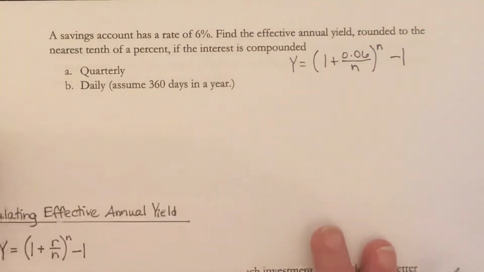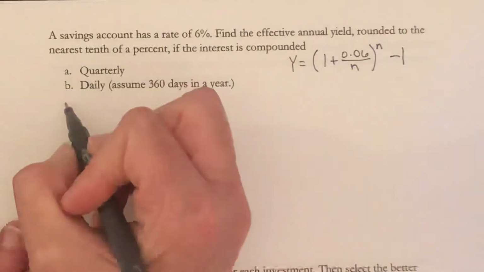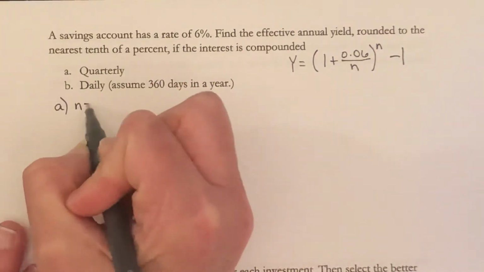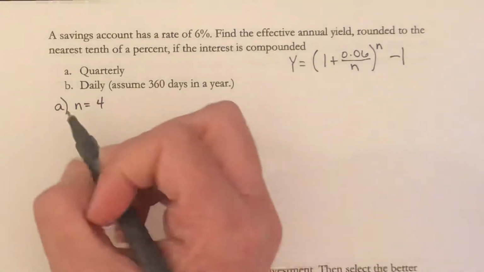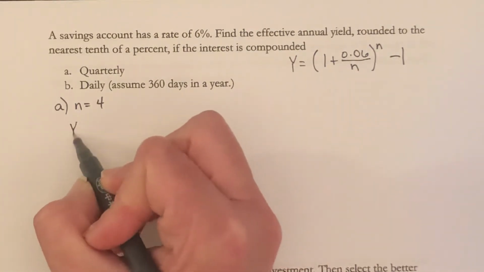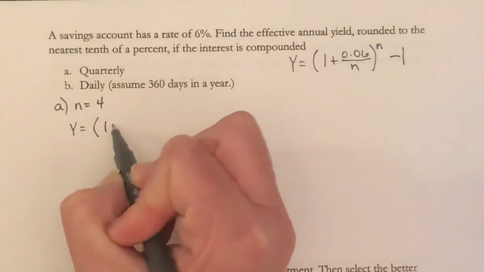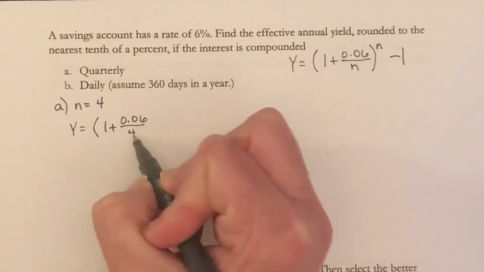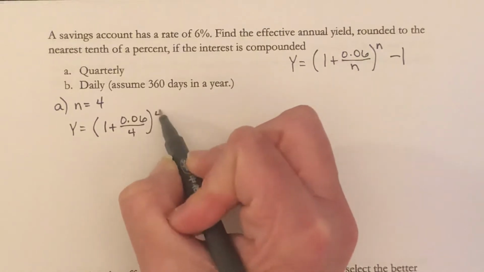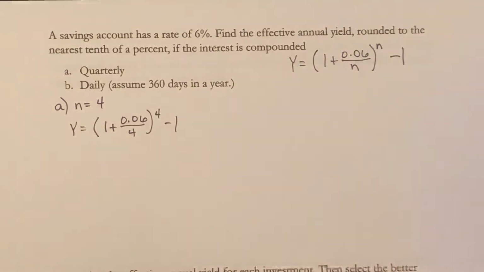For our first calculation, quarterly, that means our n value is 4. And we just need to plug everything in. So our yield would be 1 plus 0.06 divided by 4, raised to the 4th power, and then we're going to subtract 1.